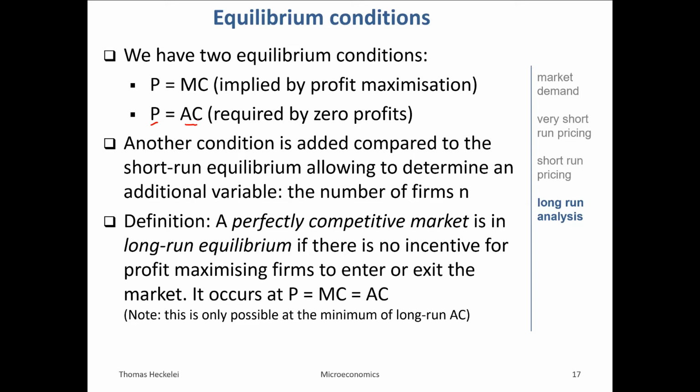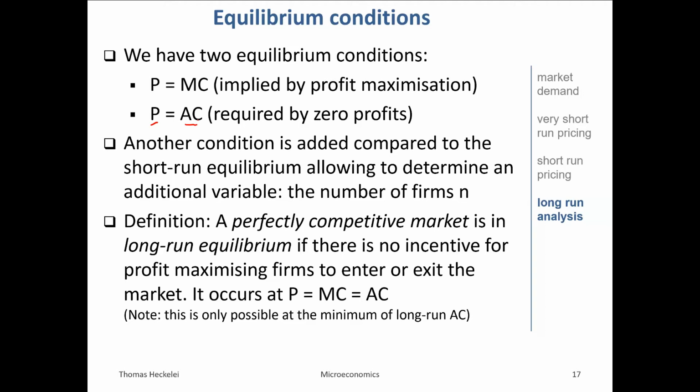The formal definition: a perfectly competitive market, always keep in mind we're talking about a perfectly competitive market with certain assumptions, is in long run equilibrium if there's no incentive for profit maximizing firms to enter or to exit the market.